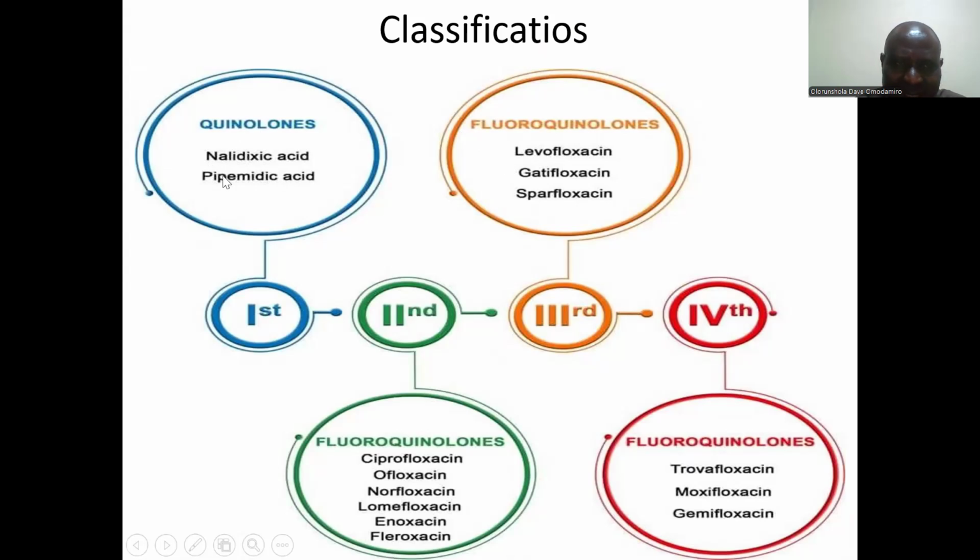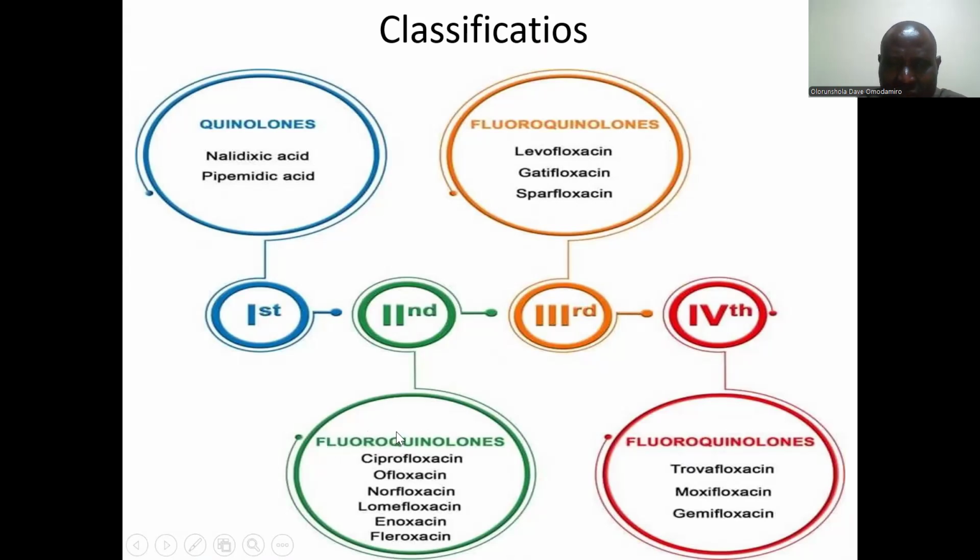Nalidixic acid and pipemidic acid are first generation quinolones, while for the fluoroquinolones, we have second generation, third generation, and also the fourth generation.